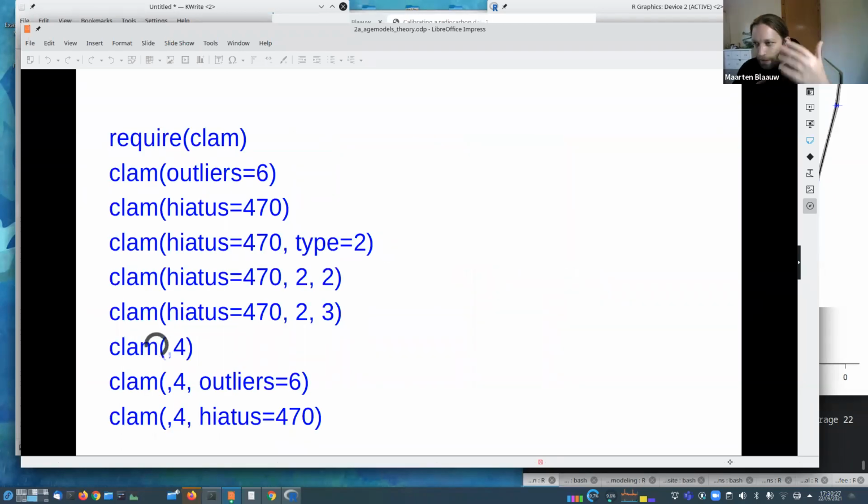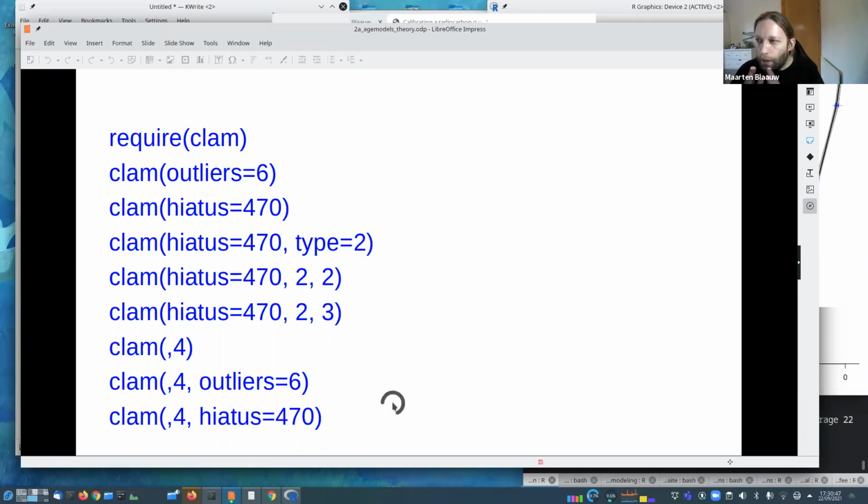If you want to produce and plot these types of age models, here's the code again. We require clam, and then you can simply run this code or write it in the terminal, and you'll get the different outputs.